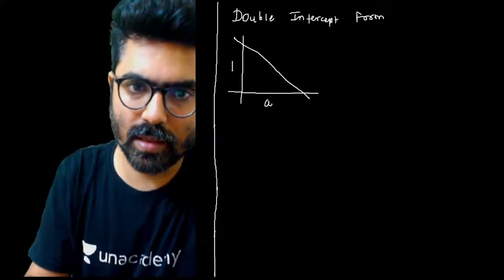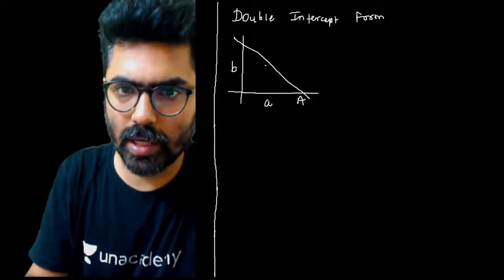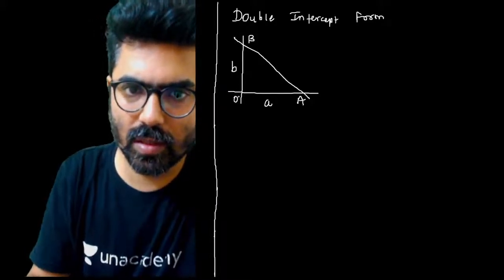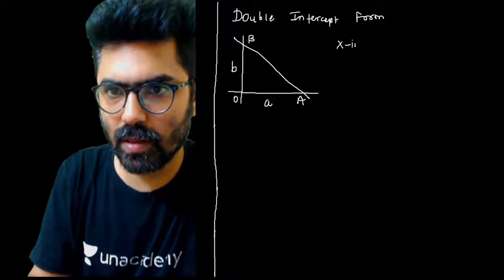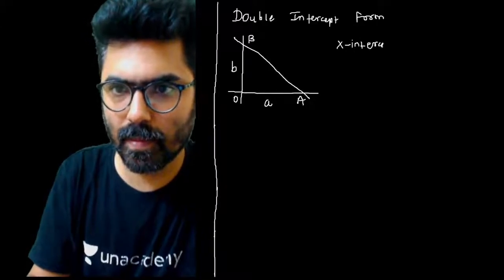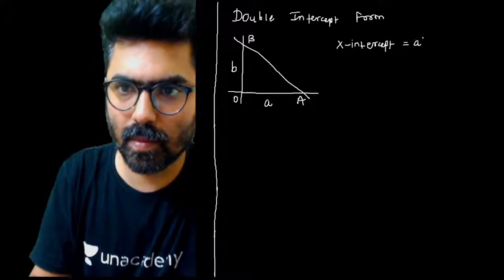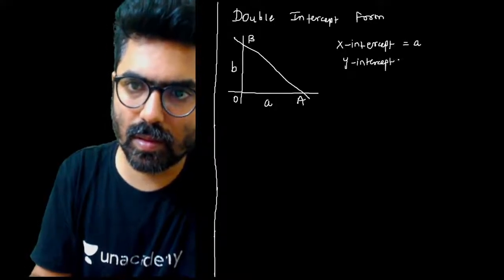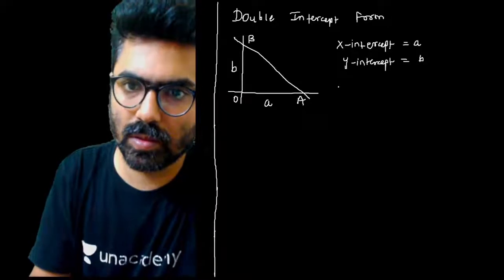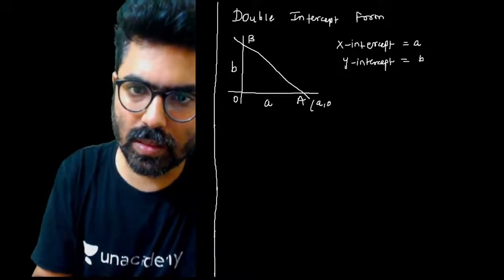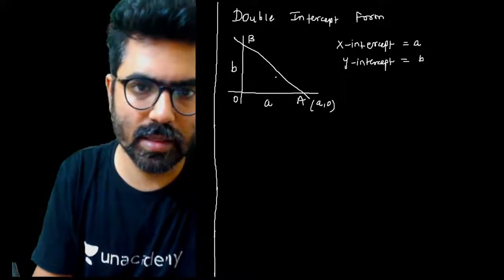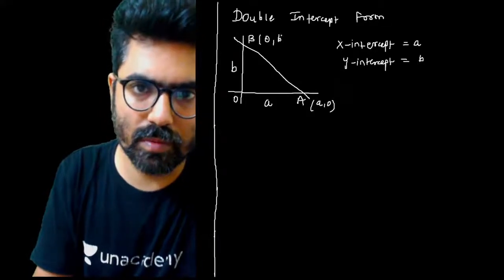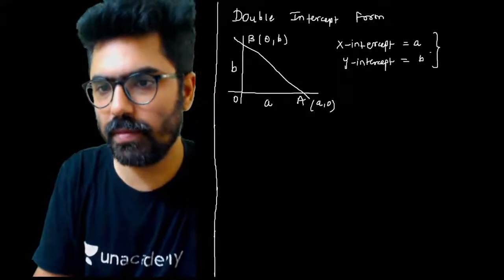Let's say this is point A, this is point B. So x intercept is given as a and y intercept is given as b. So point A is a comma 0 because this entire length is a. This is 0 comma b.